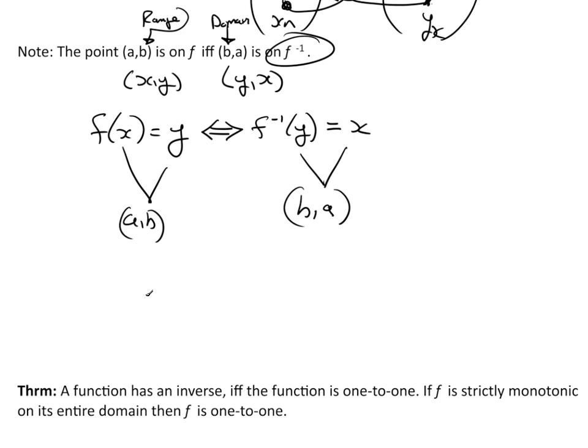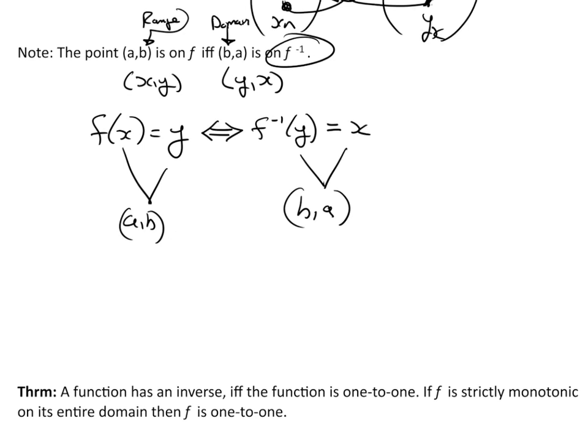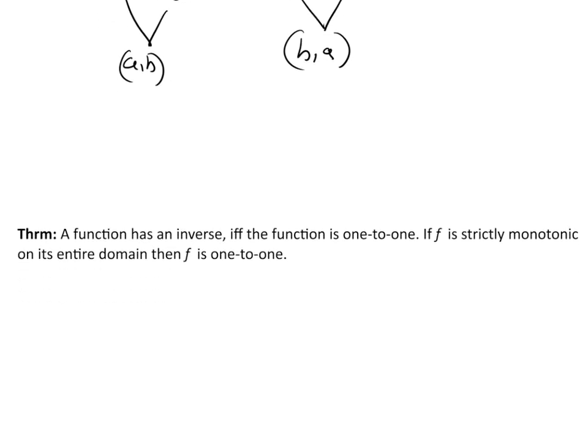Now, like I said a moment ago, a function has an inverse if and only if the function is in fact one-to-one. Another way to determine a one-to-one relationship is if f is strictly monotonic on its entire domain. If I have a function that is strictly monotonic on its entire domain, then I can say this thing is in fact one-to-one.